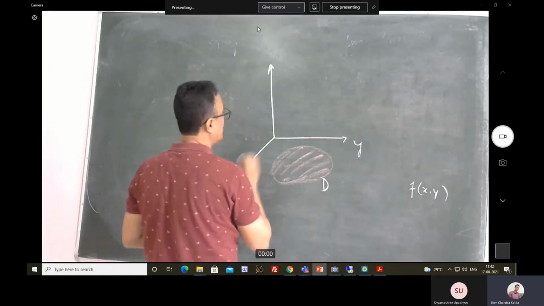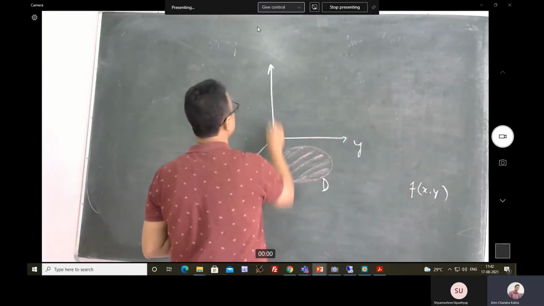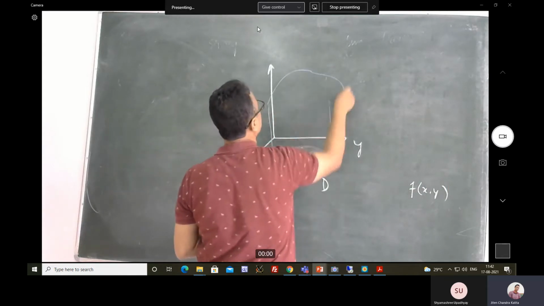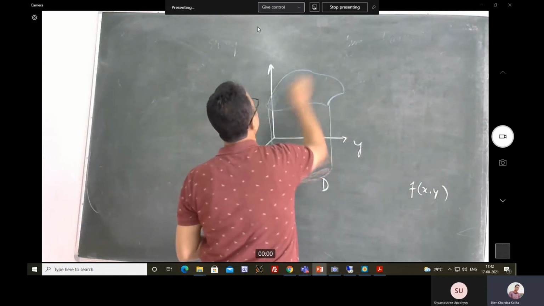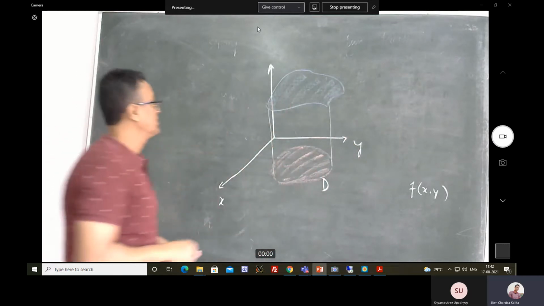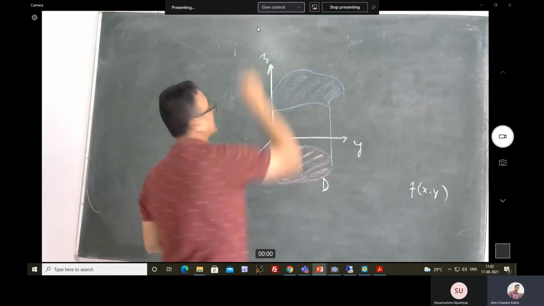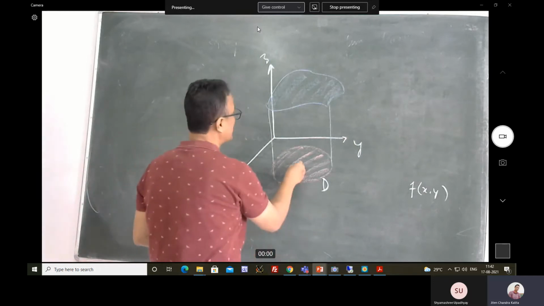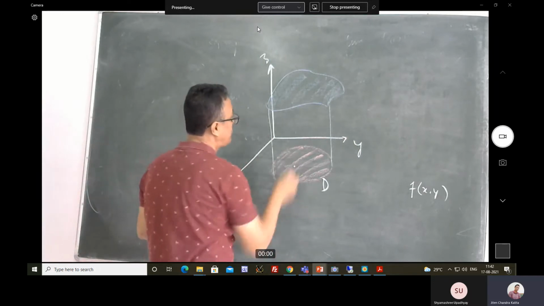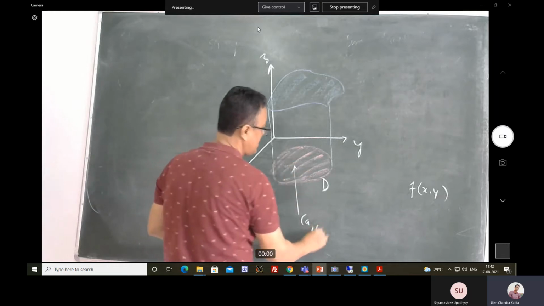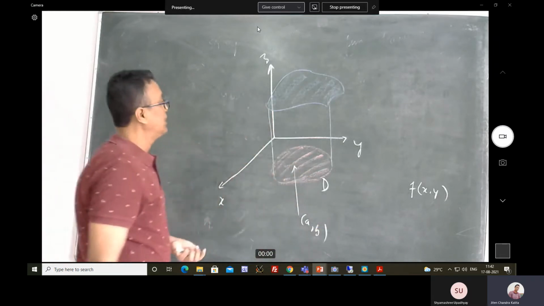You know that if I want to draw the graph of the function f(x, y), it is going to give me a surface here. Now suppose I consider a point (a, b) here. This point is (a, b).